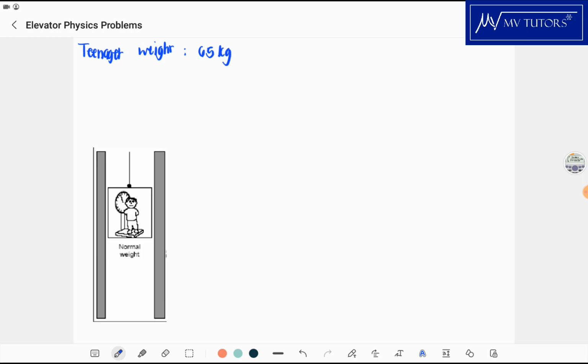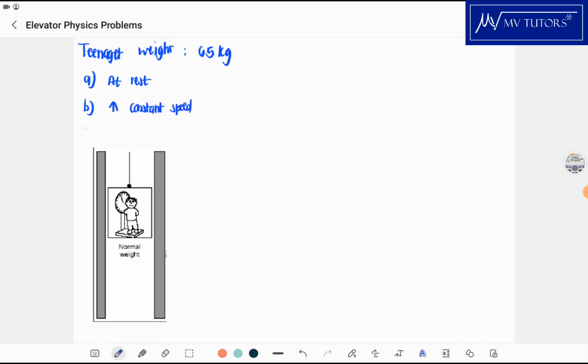First of all, I want to know what the reading on the scale would be when he's at rest. The elevator hasn't moved yet, it's just still. Secondly, what would his weight be when the elevator moves upward at a constant speed?